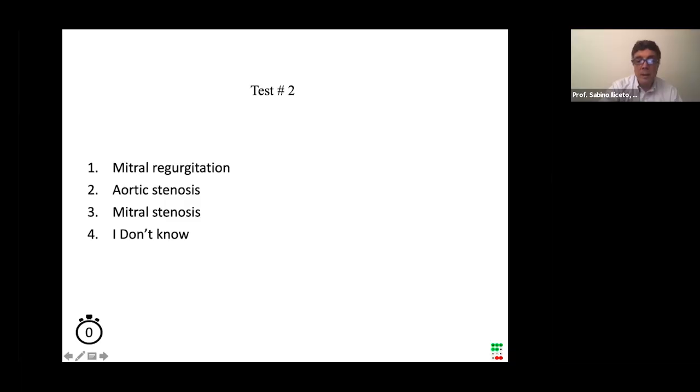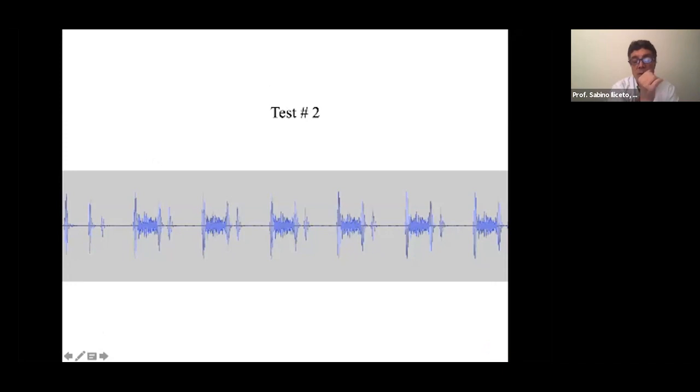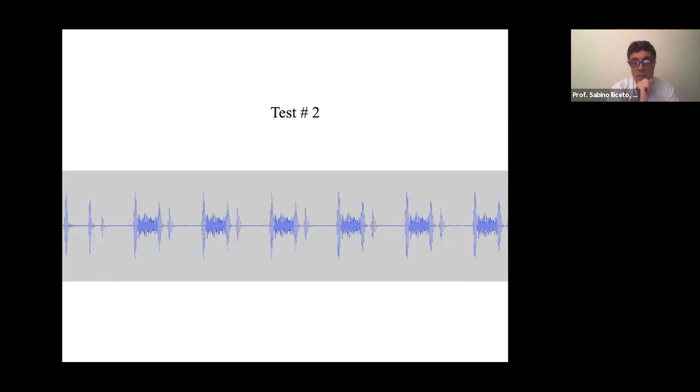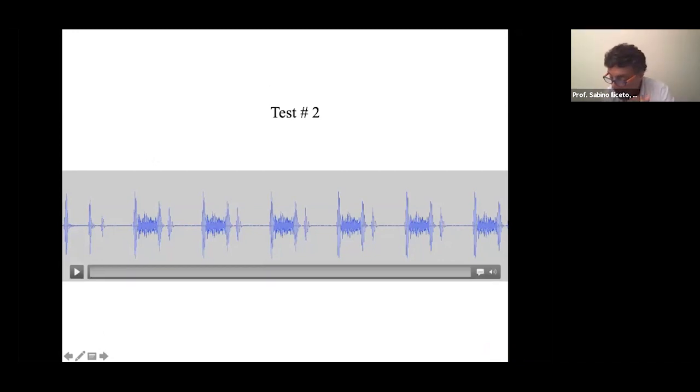Here it is. So it is mitral regurgitation, because the murmur is systolic here, between the first sound and second sound. It could not be mitral stenosis because in that instance the murmur would have been diastolic.